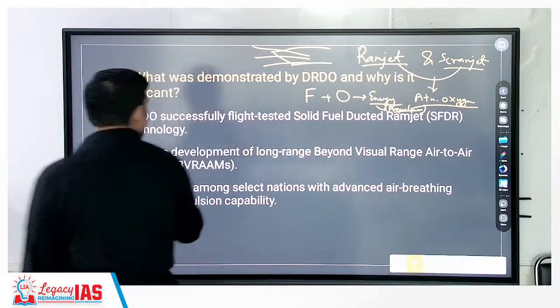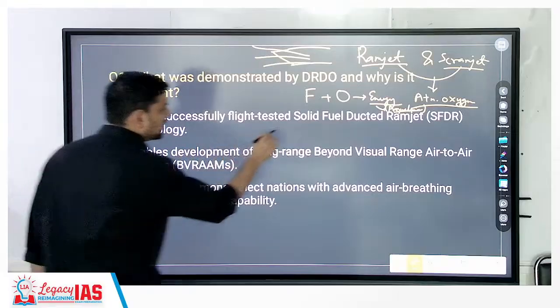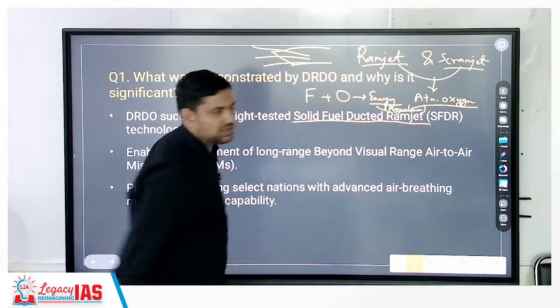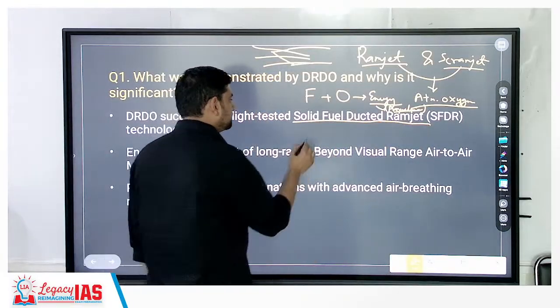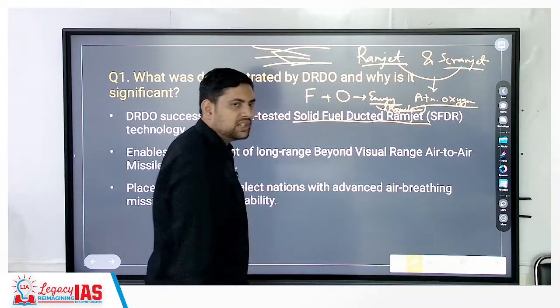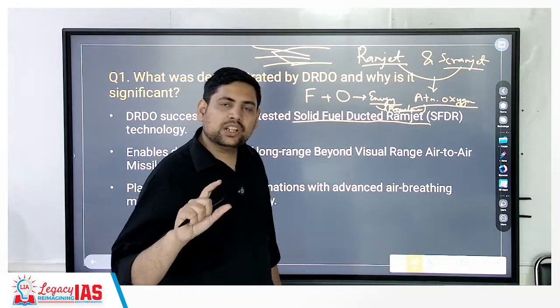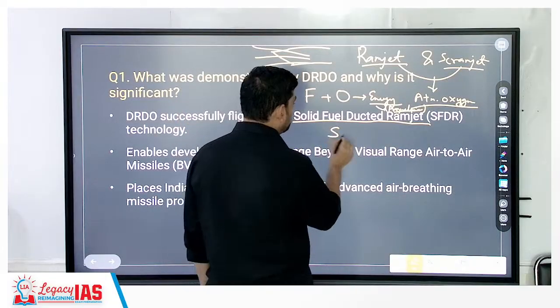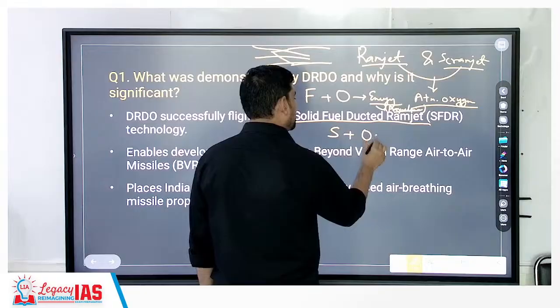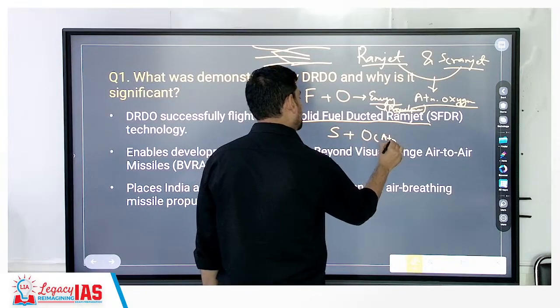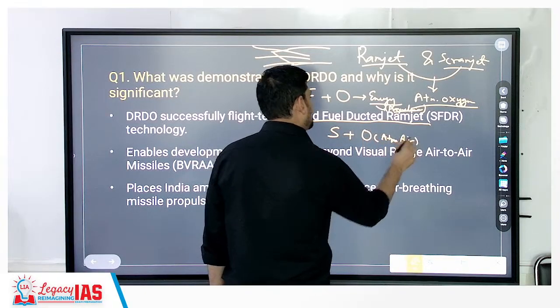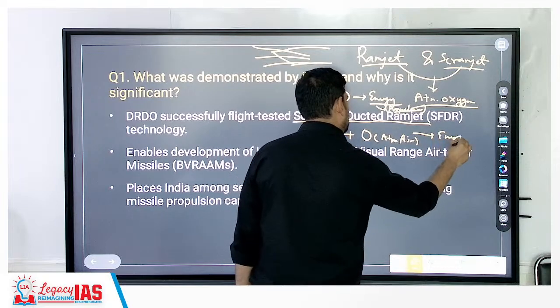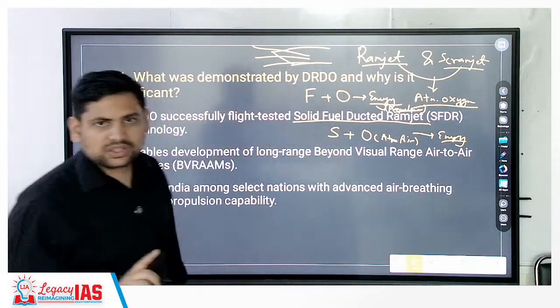Now DRDO have recently developed something called solid fuel ducted ramjet. So basically in ramjet and scramjet, the fuel that is used is actually liquid, but here it will be solid. So it will be solid fuel plus oxidizer that will come from atmospheric air, and then again it will produce energy. Now where it will be used is important.